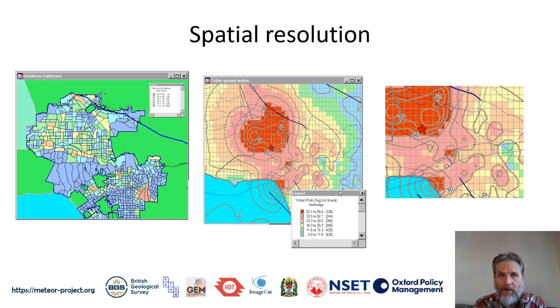And the one in the middle here is a gridded data set. In this case, this is not exposure data. This is hazard data that's posted on an even grid. And I can't remember what the resolution of this grid is. This is from the Northridge earthquake. In this case, there's contours around these. This is the PGA. There's contours around those grids, so you can see the difference between the contours and the grids.